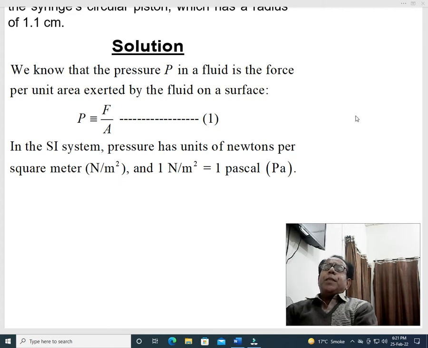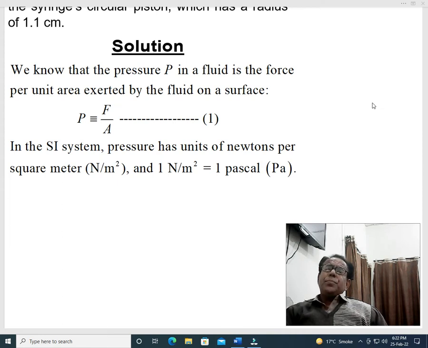In place of three lines we can also simply write a sign of equality. In the SI system, pressure has units of newtons per square meter, that is capital N over small m square, and 1 Newton per meter square is equal to 1 Pascal, denoted by Pa.